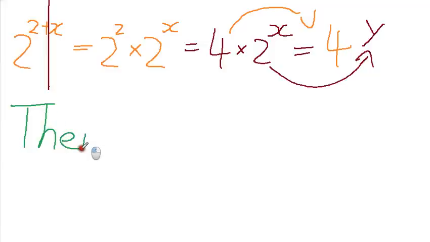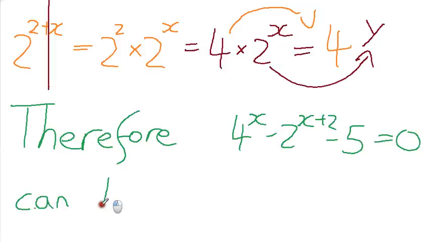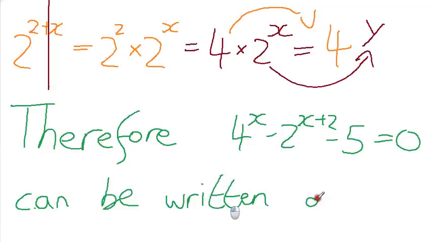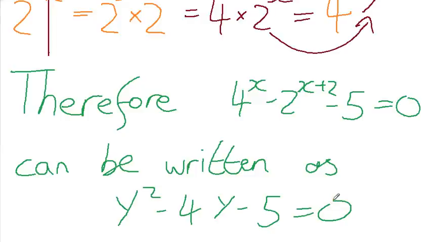Therefore, 4 to the power of x minus 2 to the power of x plus 2 minus 5 equals 0 can be written as y squared minus 4y minus 5 equals 0. That is what you do to get the 2 marks there.